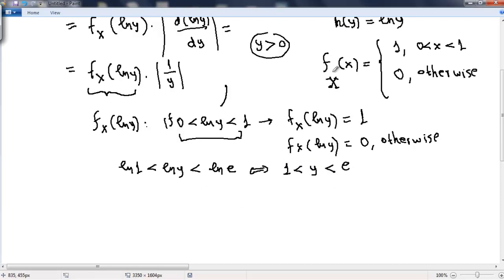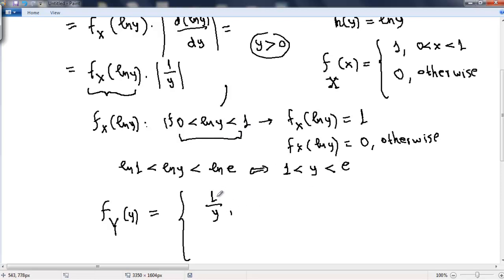So let's put all these together to make a composite thing now. We have f_Y of y equals, if this is 1, the product is 1 over y, and that case is valid when ln of y is between 0 and 1, which is the same as 1 less than y less than e.